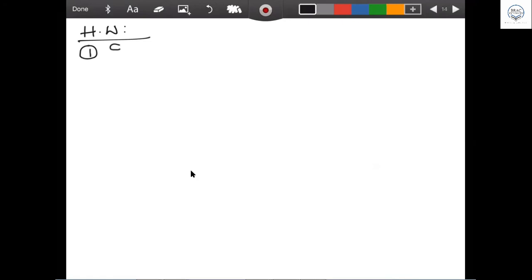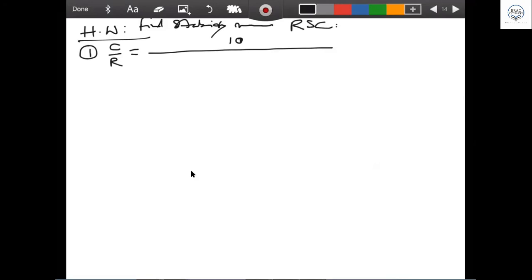First of all, C by R, you can write here: 10 over s to the power 5 plus 2s to the power 4 plus 3s cube plus 6s square plus 5s plus 10.